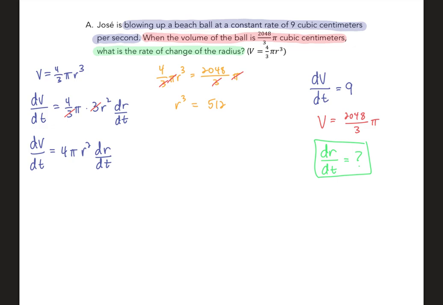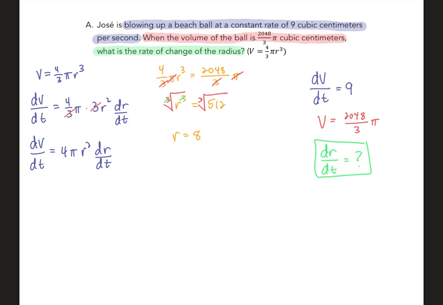Then we take the cube root of both sides. The cube root and cube cancel out, and we're just left with r is the cube root of 512, which ends up being 8. Now we have everything we need.